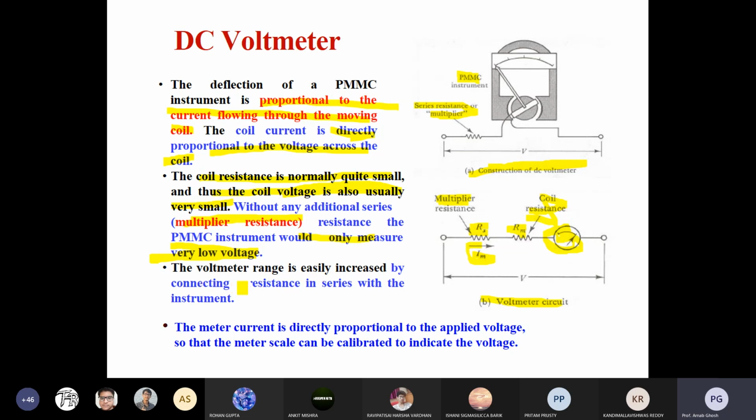The meter current is directly proportional to the applied voltage, so the meter scale can be calibrated to indicate the voltage. I think you are able to understand what you need to do.